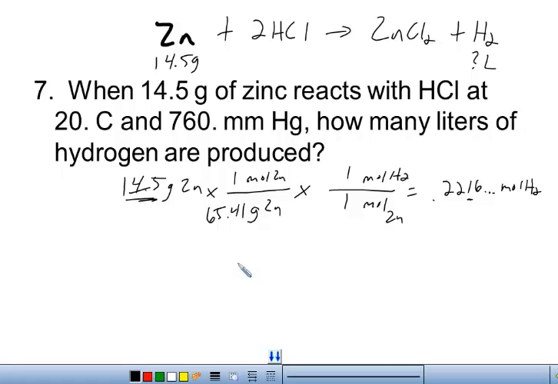Now I have moles of hydrogen, so I can solve for the volume of the hydrogen. And I'm going to do that using PV equals nRT. So it's the reverse of the last problem because I have different things given to me. I can solve for my volume. And we'll go ahead and set up the equation like we did yesterday.